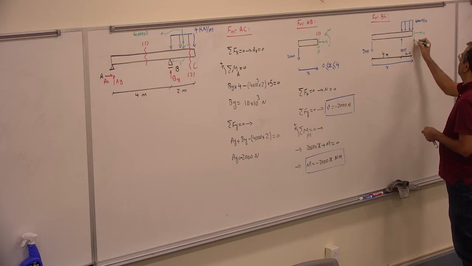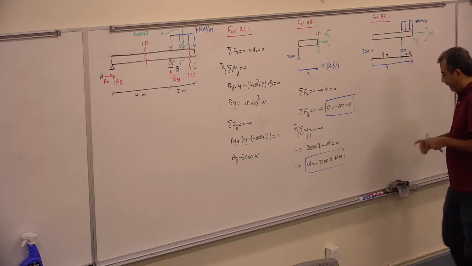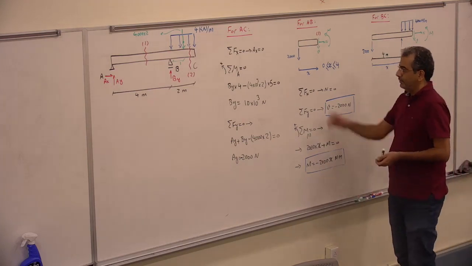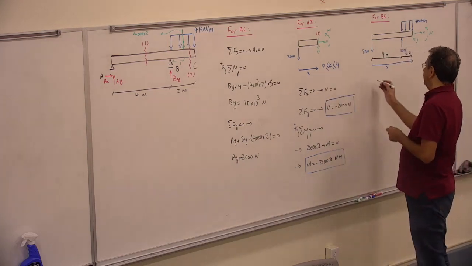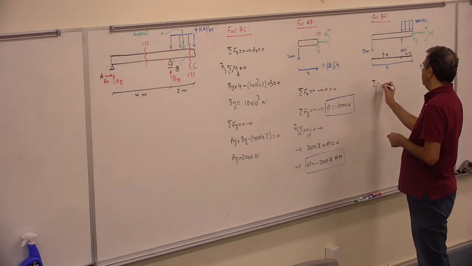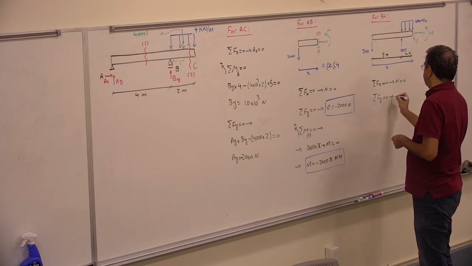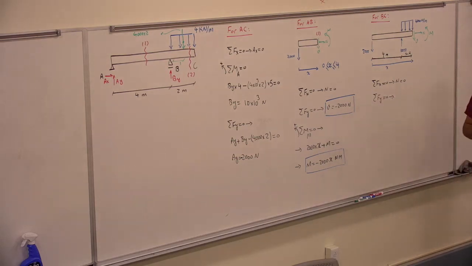And then I have my normal, shear, and moment. And now I want to calculate this. So sigma Fx is 0, N would be 0. Sigma Fy would be 0. Now I have to have the value for that force.